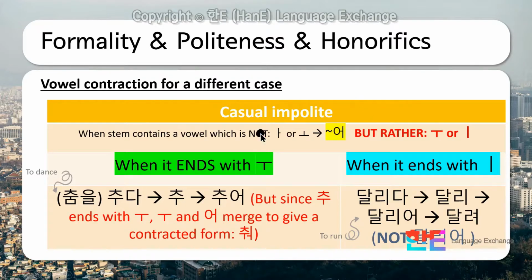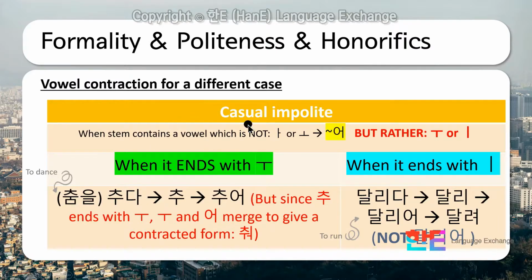So it doesn't end with these two, but when it ends with either of these two, u or e, we're still gonna be concerned with vowel contraction. So when the vowel that it contains is not this, but it is one of these two, we're gonna be concerned with vowel contraction. So 춤을 추다. 추다 is the word here, to dance.